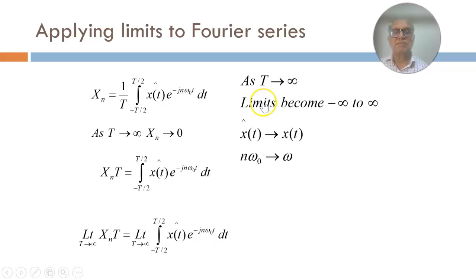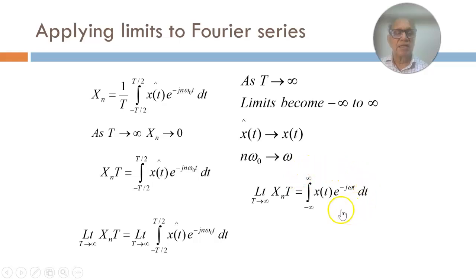So let us see this. As T approaches infinity, limits become minus infinity to plus infinity. X hat(t) approaches x(t) and n omega naught, which is a discrete variable, becomes a continuous variable. So when we substitute all this, limit of T approaching infinity, Xn multiplied by T is equal to integral from minus infinity to plus infinity. Note that the limits have changed. X hat(t) has become x(t) and e raised to minus j n omega naught t has become e raised to minus j omega t dt.